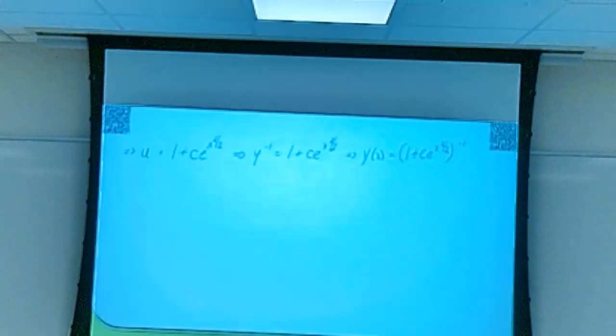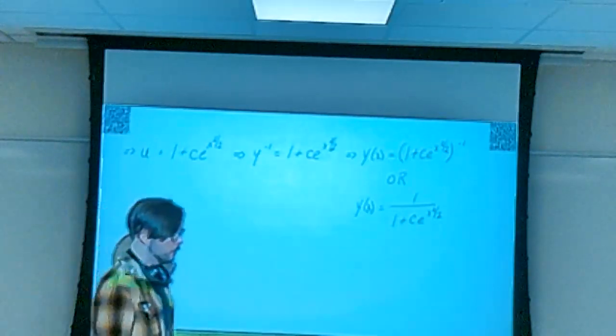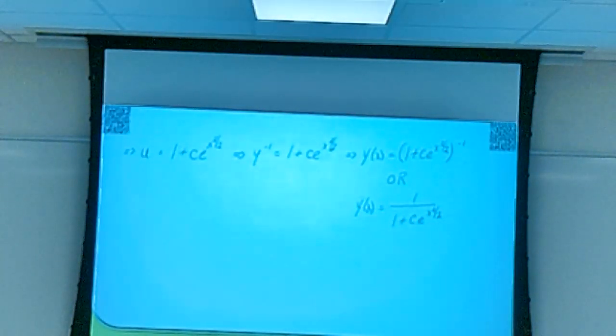This one's easy enough, so it probably looks nicer to write it as a fraction, but some probably look nicer to leave as an exponent. So either of those would work. Good.